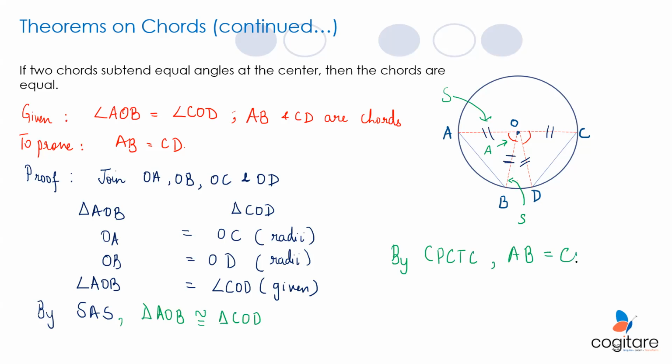Therefore, AB is equal to CD. In other words, if the central angles of the chords are equal, or if the angles subtended by the chords at the center are equal, then the chords themselves are equal. Very simple. Fantastic. Let's move on.